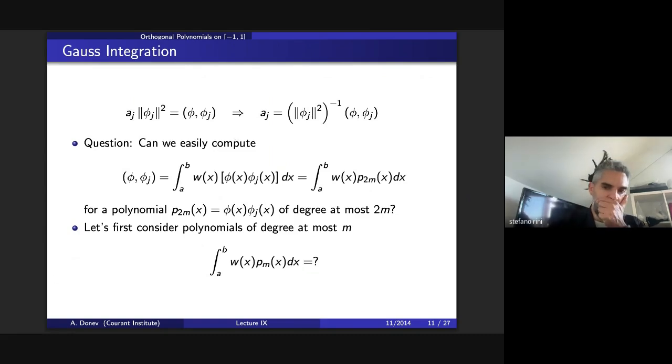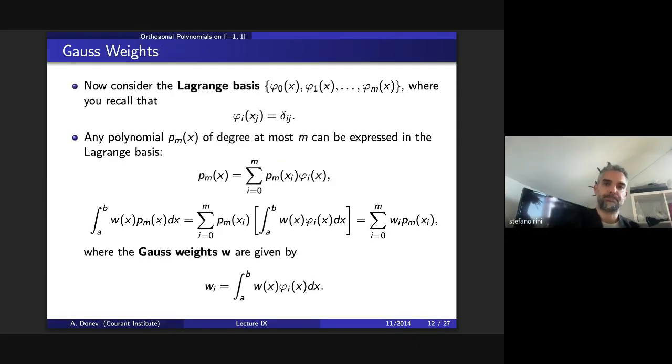Let's consider the polynomial of degree at most m, and let's ask ourselves what is the integral of omega x times pm of x dx. So we have the Lagrange basis, not the Legendre, now the Lagrange. See how confusing it is.